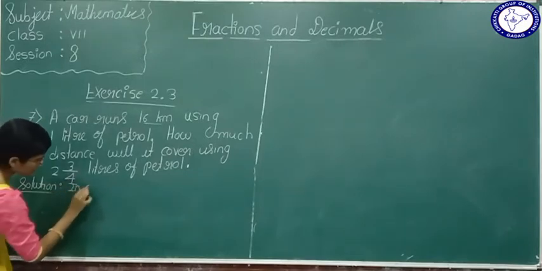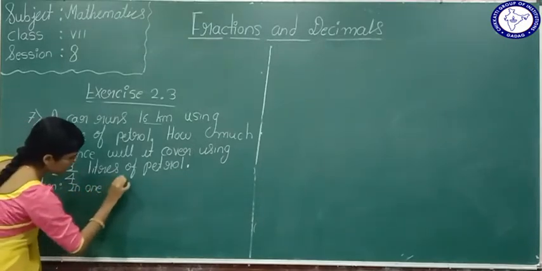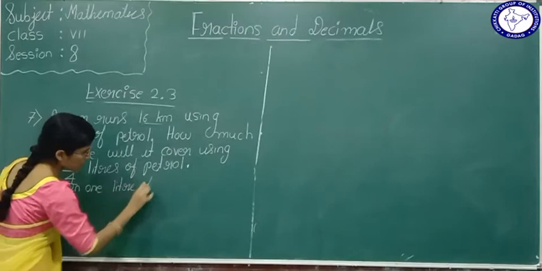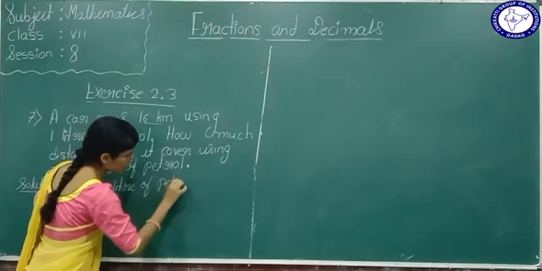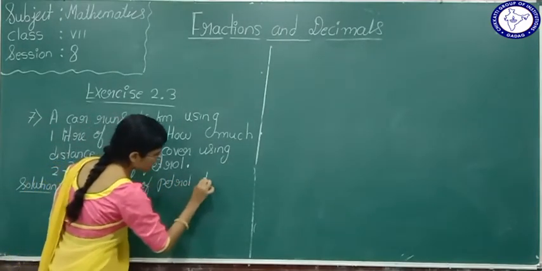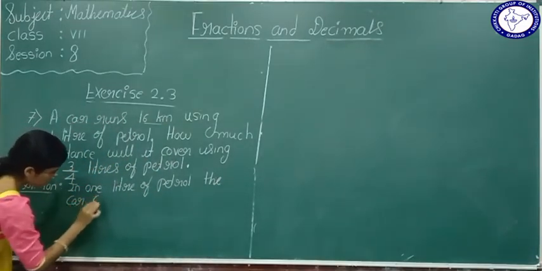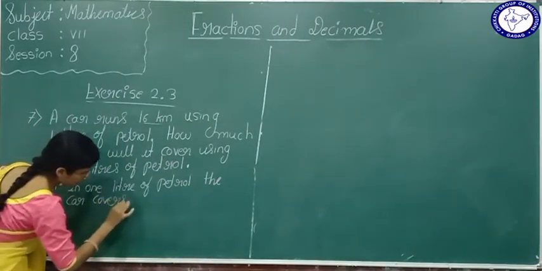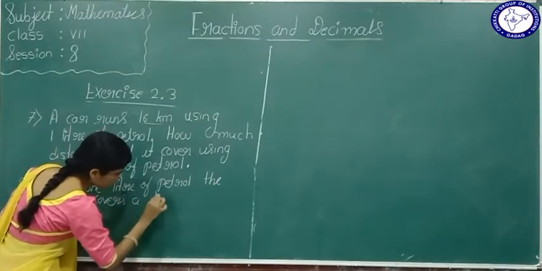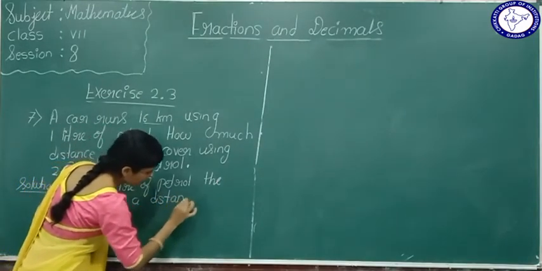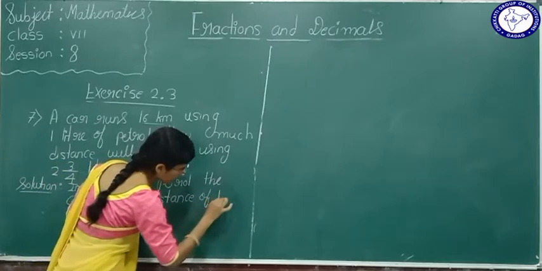In 1 liter of petrol, the car covers a distance of 16 kilometer.